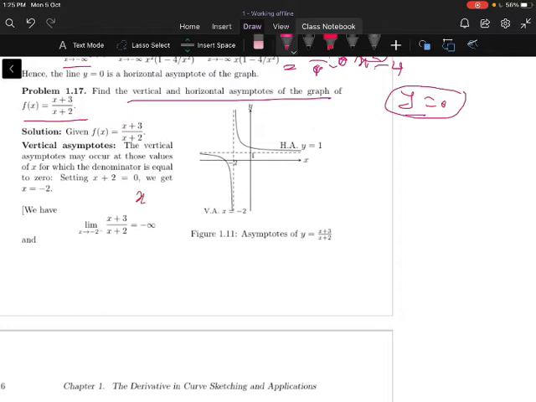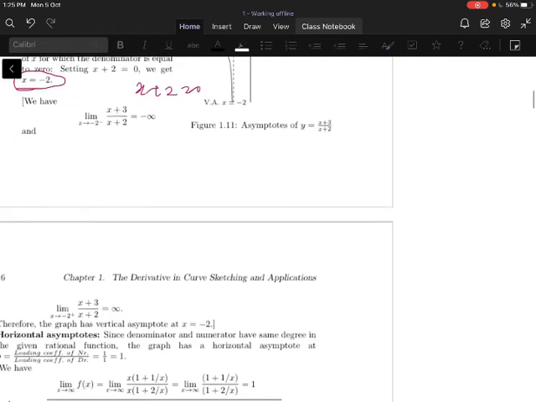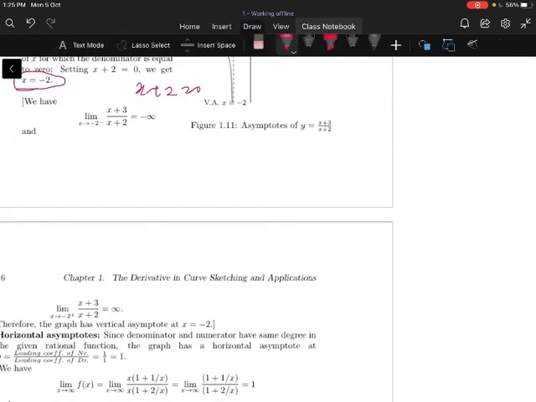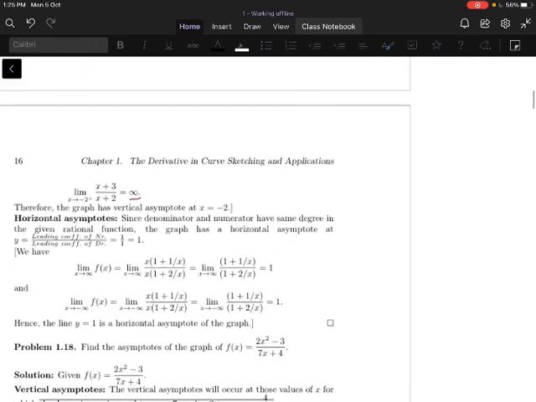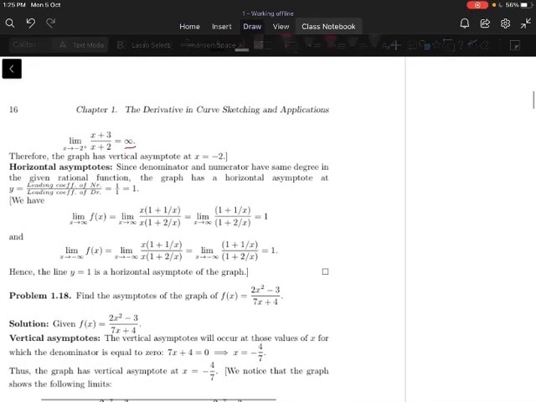You take the denominator and equate it to 0, so that x = −2 is a vertical asymptote. One can check through the definition also. The limit as x tends to −2 from the left and from the right, we'll have minus infinity and plus infinity. Therefore, x = −2 is a vertical asymptote.